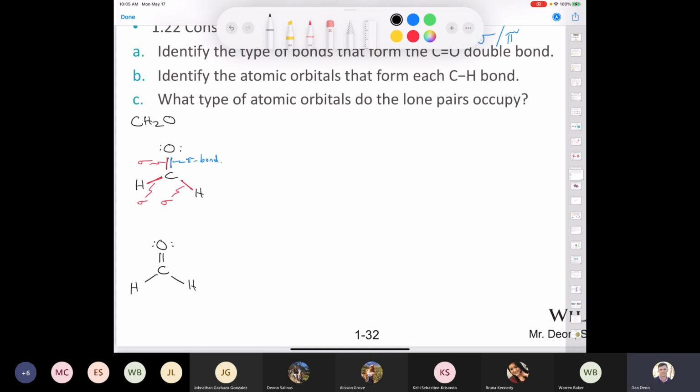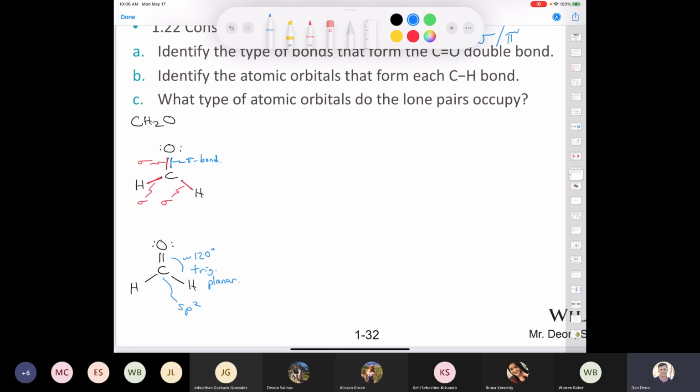Is it sp3 or sp2? It's got 3 sigma bonds and 1 pi bond. Right, so it's sp2, right? The only time carbon's going to be sp3 is when it has 4 sigma bonds. So this carbon is sp2 hybridized. That means the bond angles are all going to be around 120 degrees, right? The molecular geometry is trigonal planar.